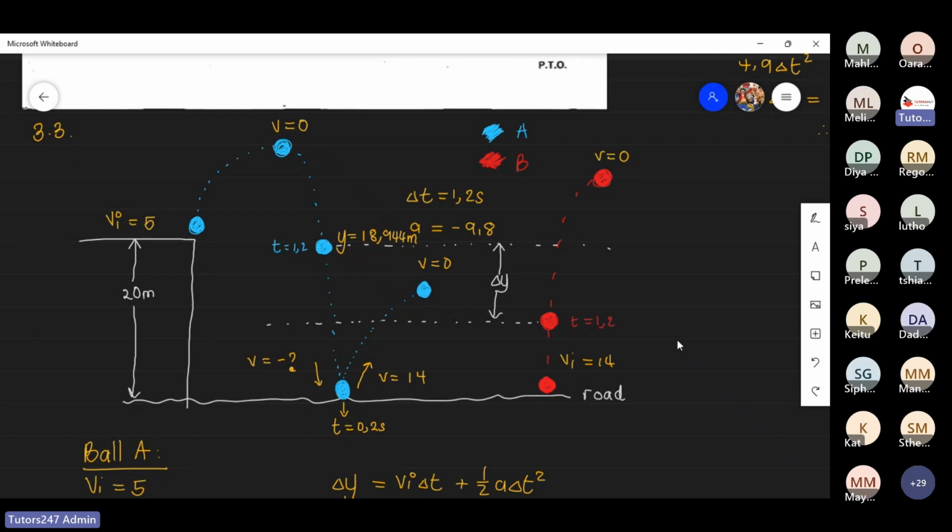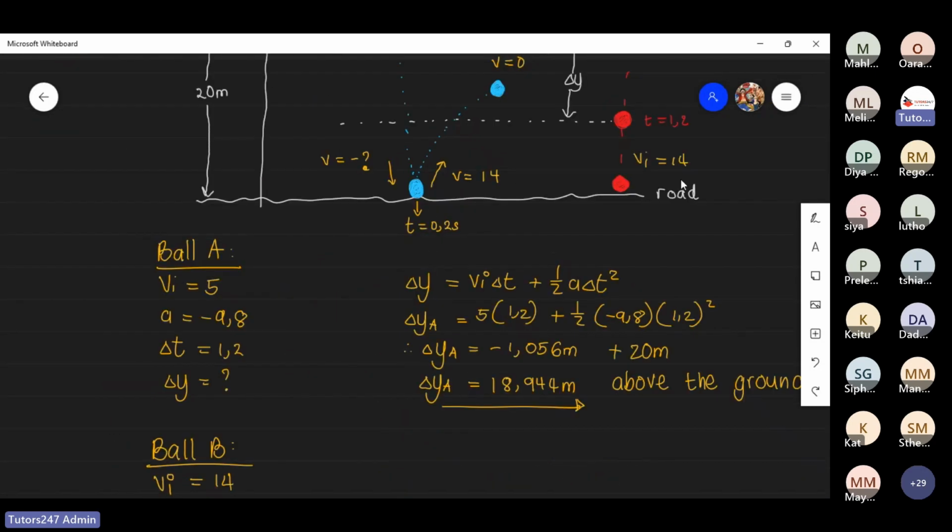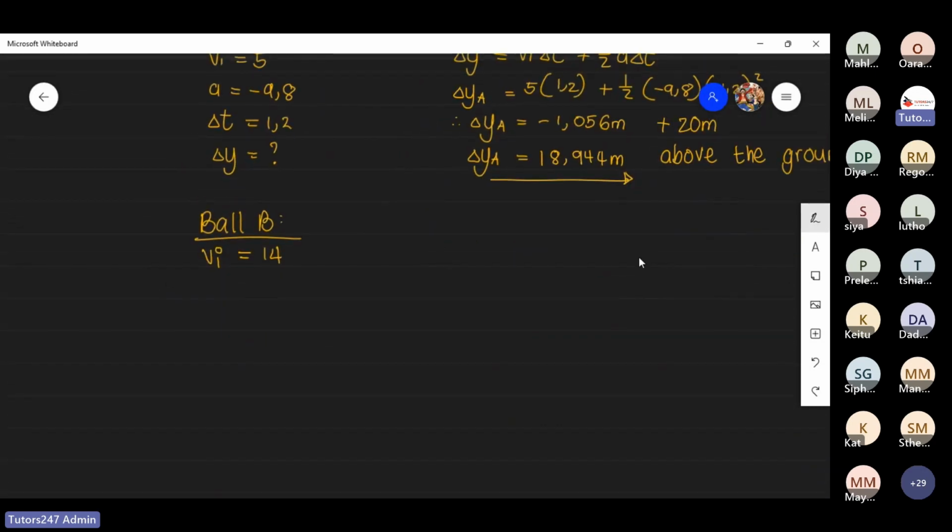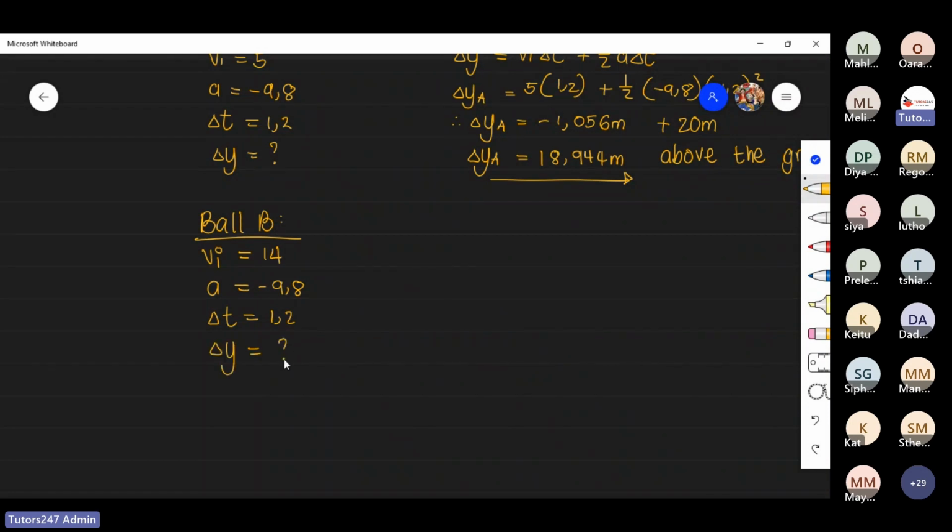So ball B was projected with a velocity of 14 meters per second from the ground. In addition to that, we know that acceleration for ball B is negative 9.8, and the time for ball B is 1.2 seconds. We need to calculate the displacement or the height above the ground of ball B.